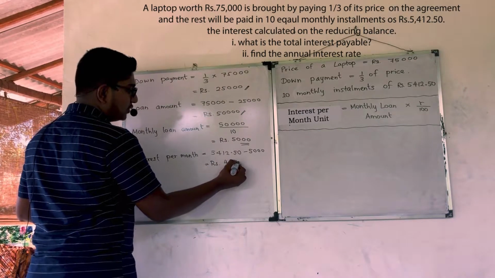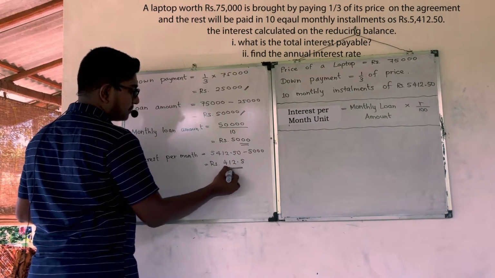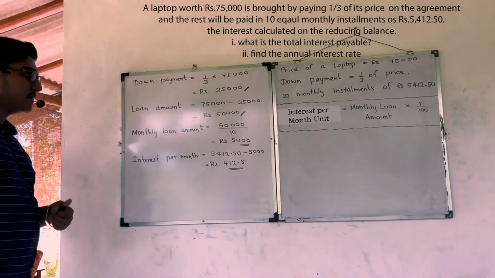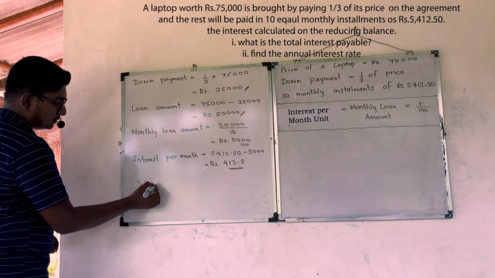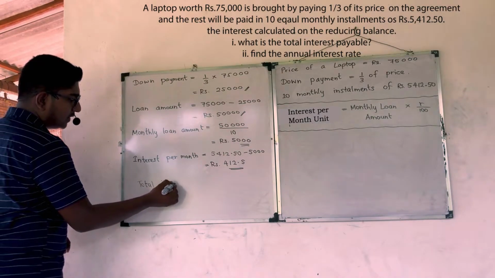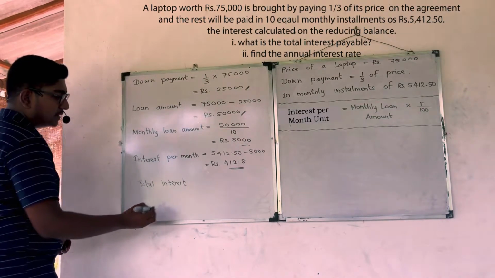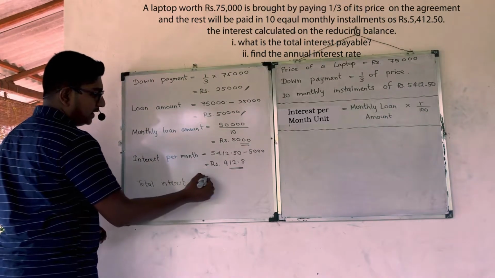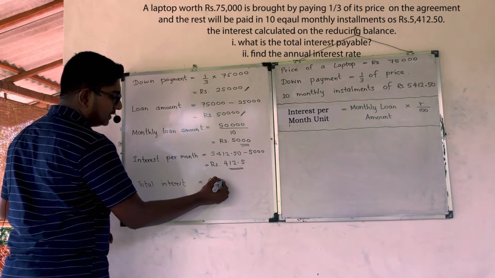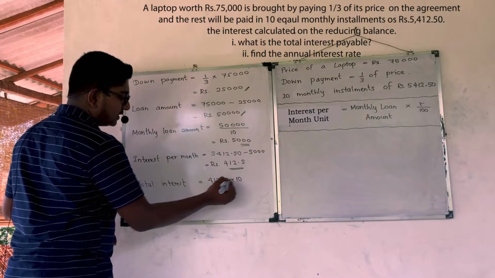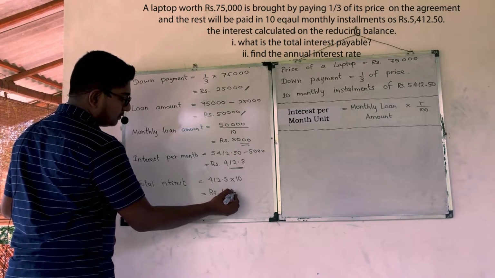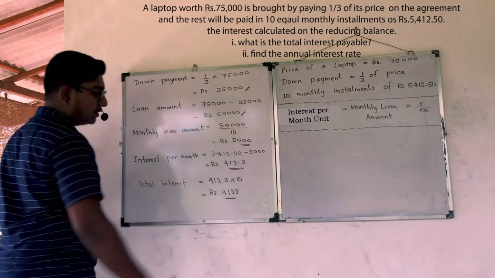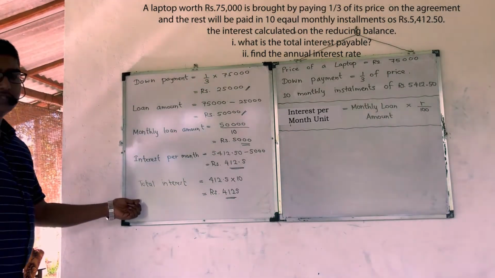That is 412.5. To calculate the total interest, we have to multiply the interest for a month by number of months. 4,125 is the total interest.